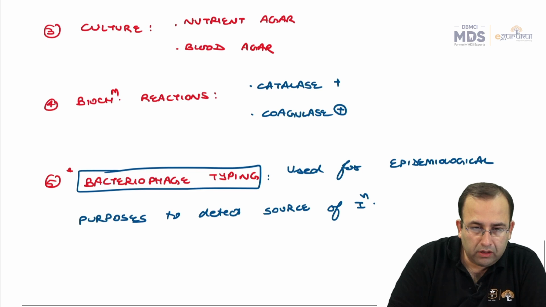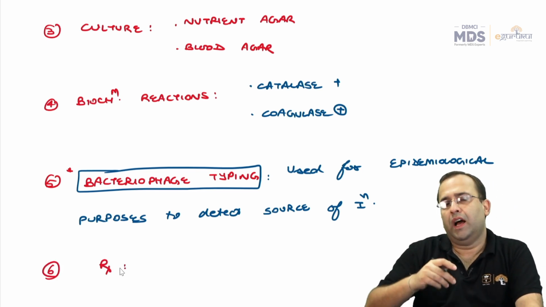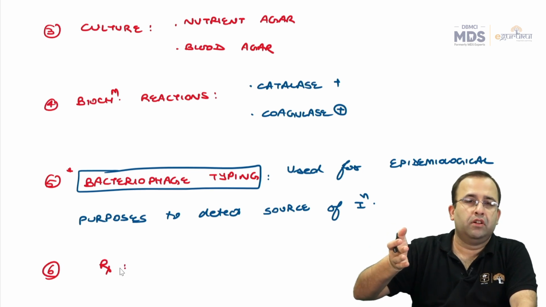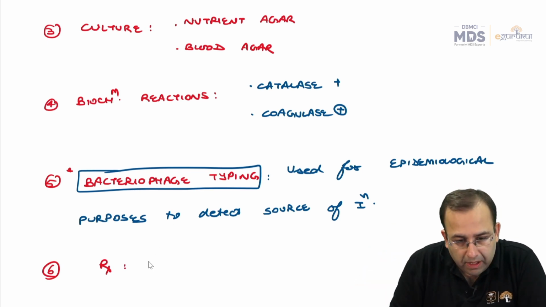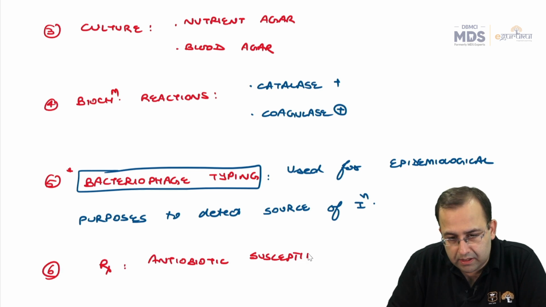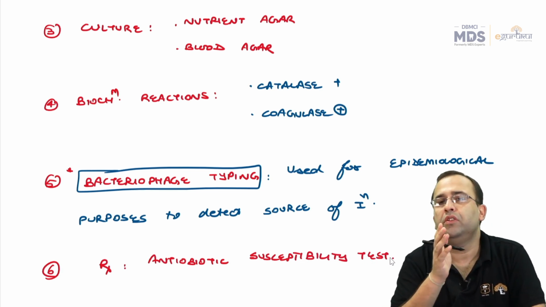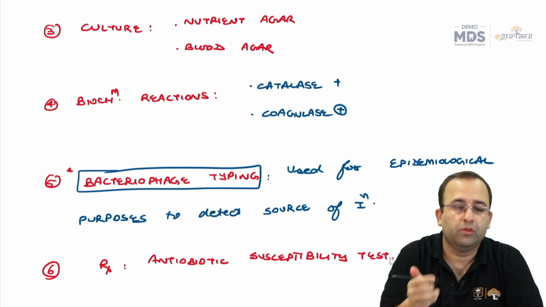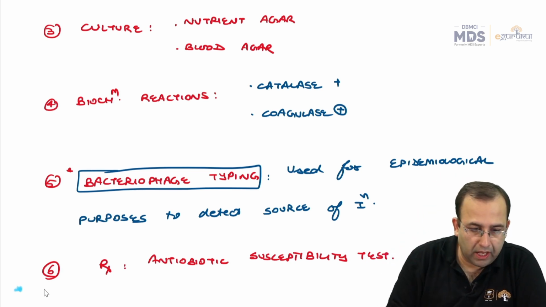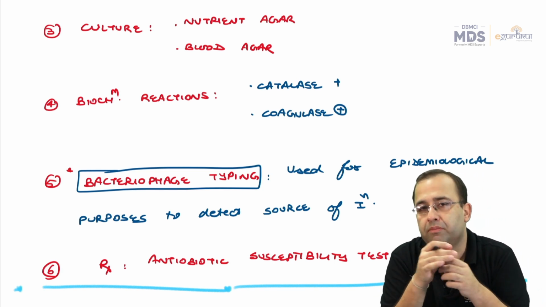And lastly, how will therapy be started? For starting therapy, either we can give antibiotics as such, or better, by antibiotic susceptibility testing. Which culture medium is used for antibiotic susceptibility testing? MHA, Mueller-Hinton agar, with the Kirby-Bauer disc diffusion method.